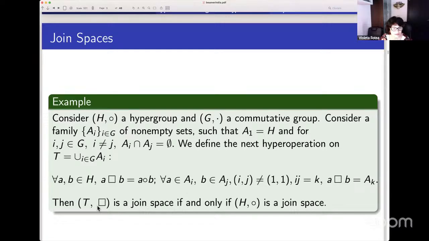Another one, this is just an interesting type of Jones space.